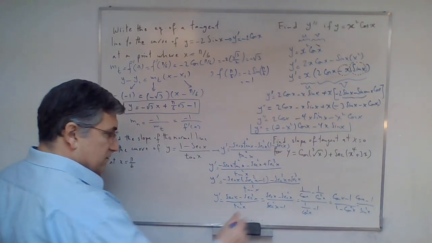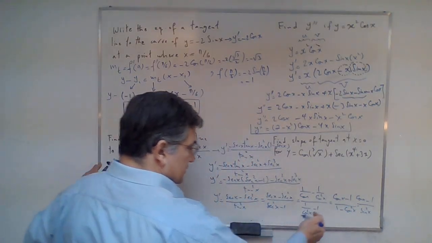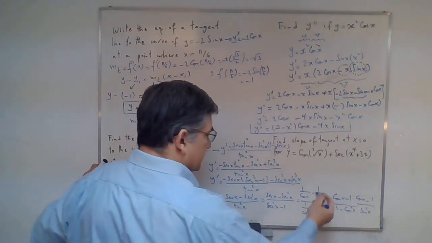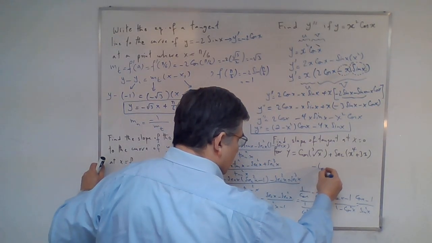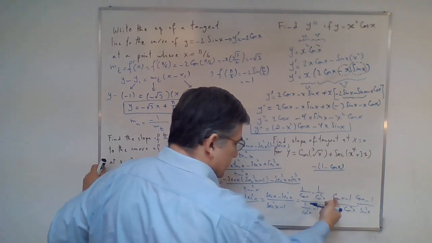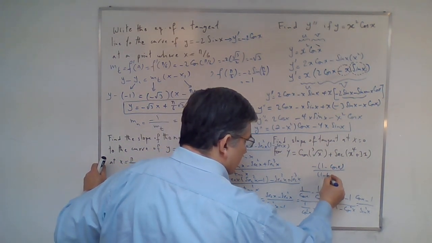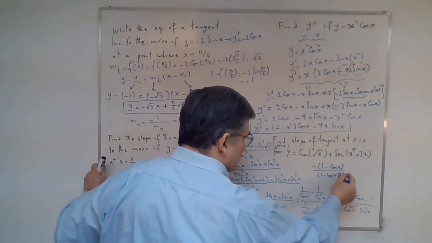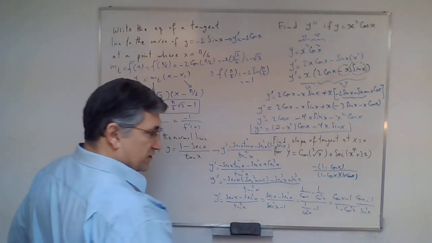Or perhaps it would be better to simplify this. Hang on a second. We can write this as a negative 1 minus cos x. I'm just thinking to factor negative 1 out here. And the bottom is 1 minus cos x times 1 plus cos x, which is indeed difference of squares.